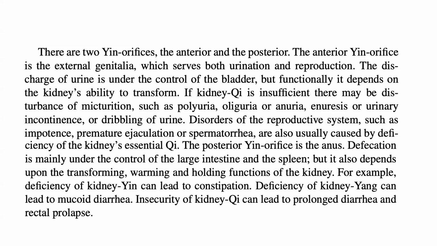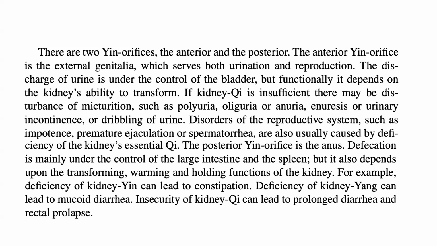There are two yin orifices, the anterior and the posterior. The anterior yin orifice is the external genitalia, which serves both urination and reproduction. The discharge of urine is under the control of the bladder, but functionally it depends on the kidney's ability to transform.